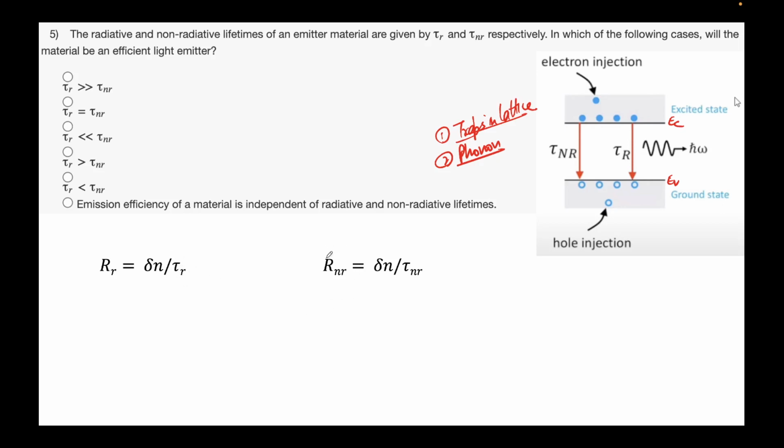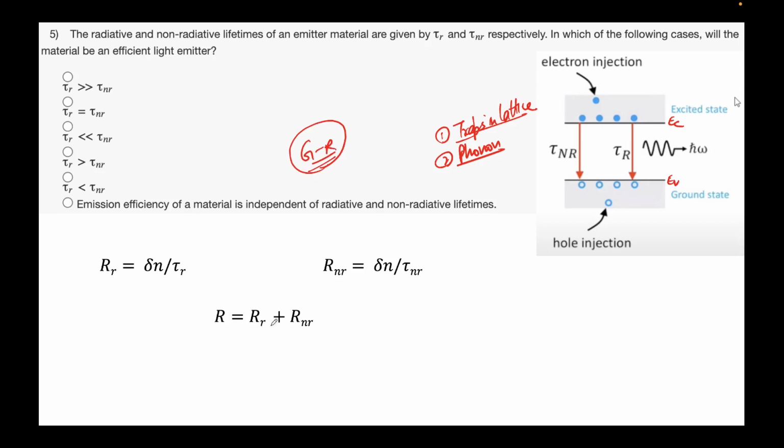Similarly, the non-radiative recombination rate will be the amount of electrons that we have divided by the time it takes to recombine non-radiatively. The total recombination rate will be a summation of both. This is very similar to when we did the minority carrier diffusion equation, where we were writing G minus R, generation minus recombination.